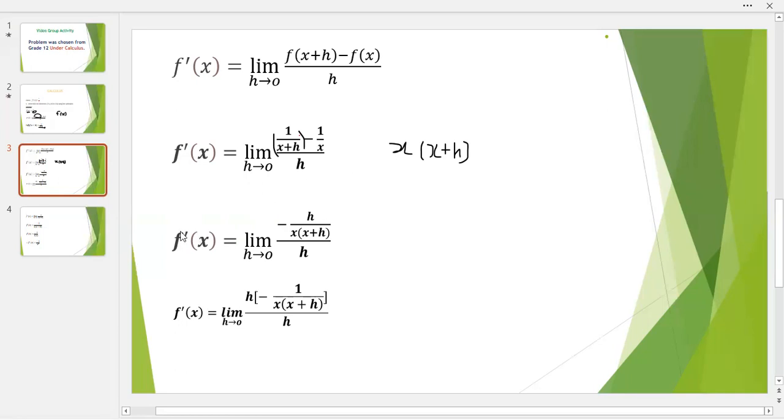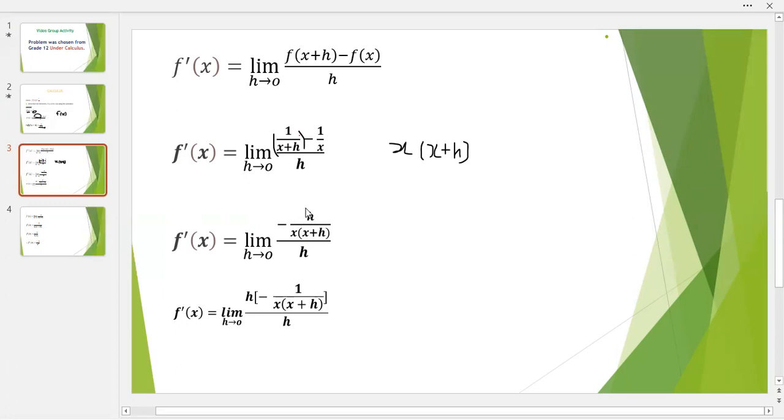We then say f prime of x is equal to the limit as h tends to 0 of negative h all over x into x plus h, all over h. Then when we proceed, we can see that h can be factorized.